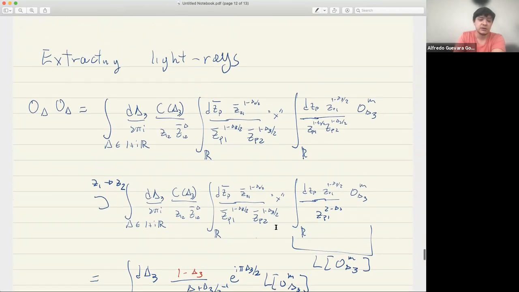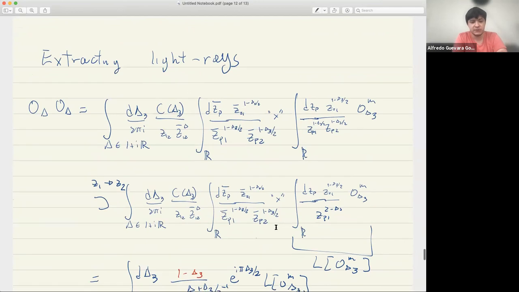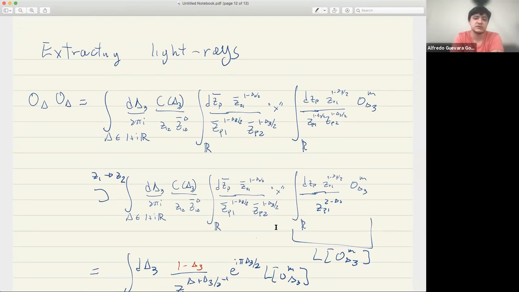So the last point I want to make, which I think is very important as well, is how to extract light rays. I talked about how to extract shadows and primaries, but now we can extract light rays with the same idea. Instead of blowing up a region in the Riemann sphere, we will blow up a region in the Poincaré patch.